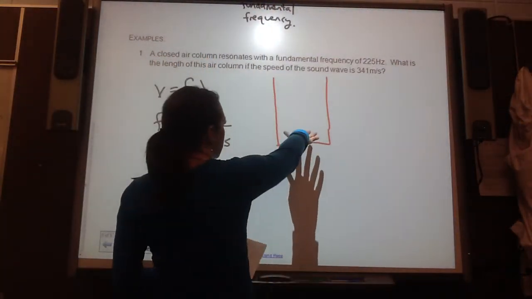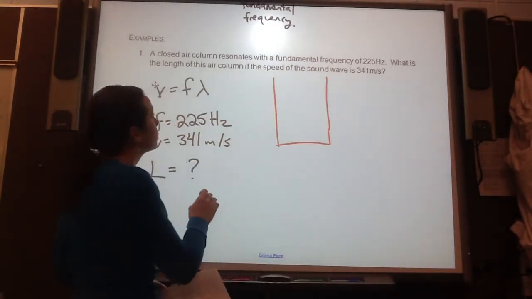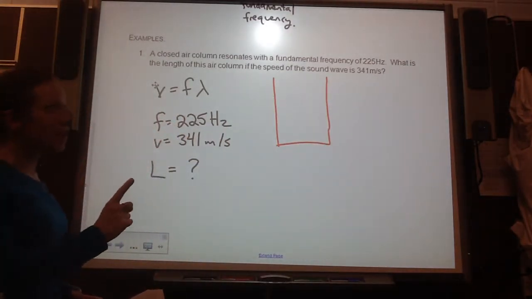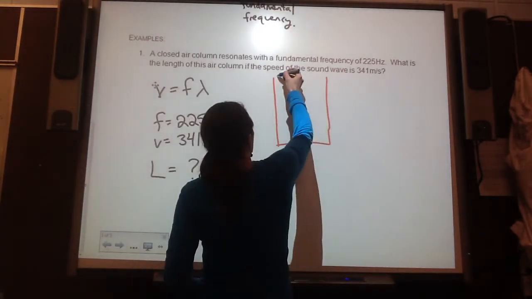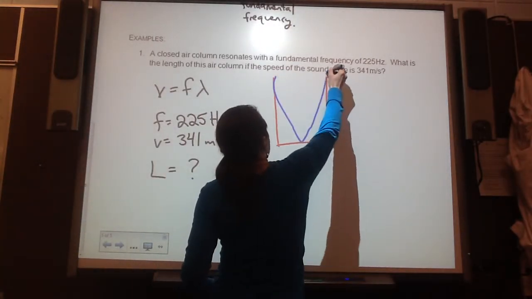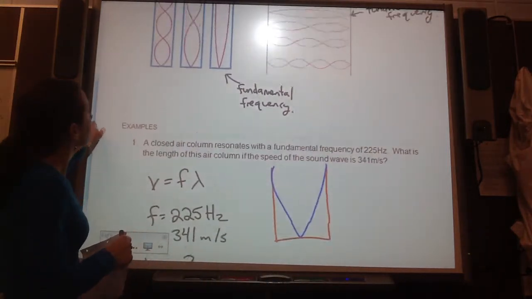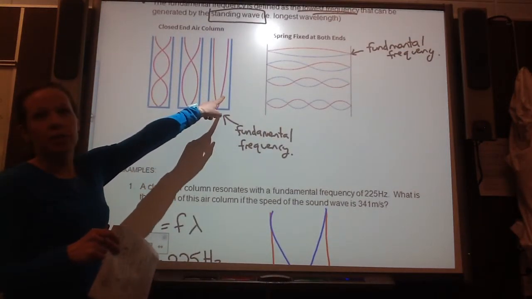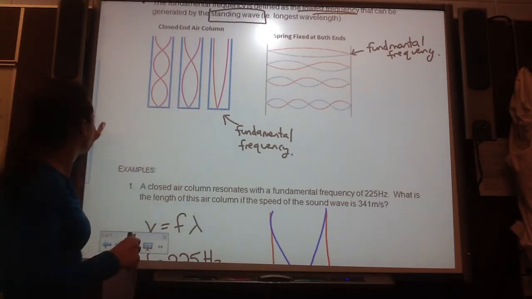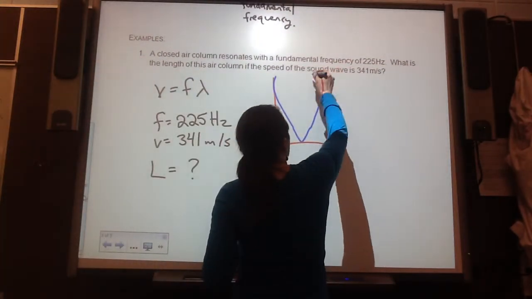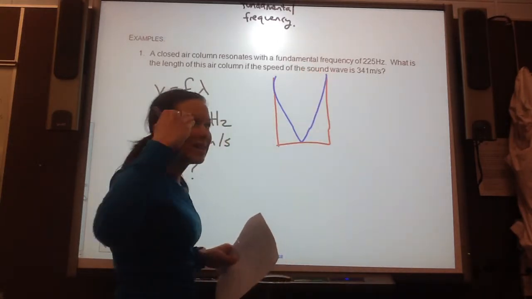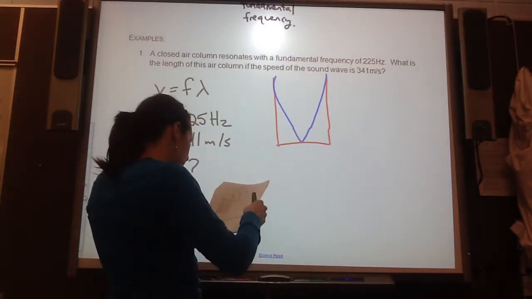So let's say this is our air column. If this is resonating with a fundamental frequency, so that means just the first one, then our wave needs to look like this, just like I showed you here. That's a fundamental frequency of a closed-end tube. And it's resonating, so that's our antinode, so we hear that resonance. Okay?